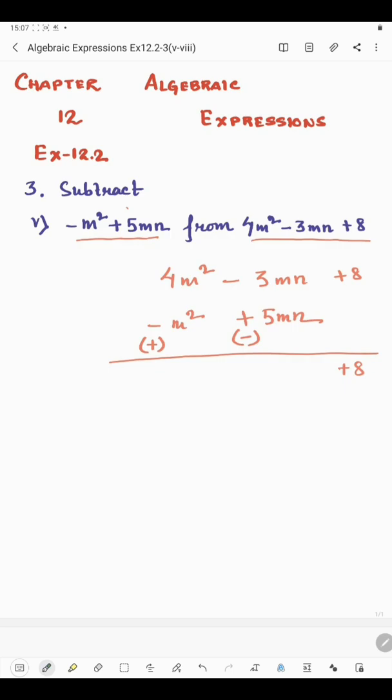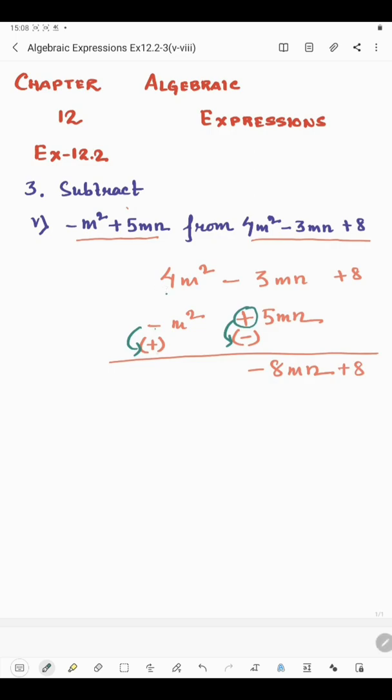Now while solving this part we will ignore this sign because this sign has changed into minus. So minus 3 and minus 5 is minus 8mn. Okay, similarly here this minus sign has been changed into plus sign.